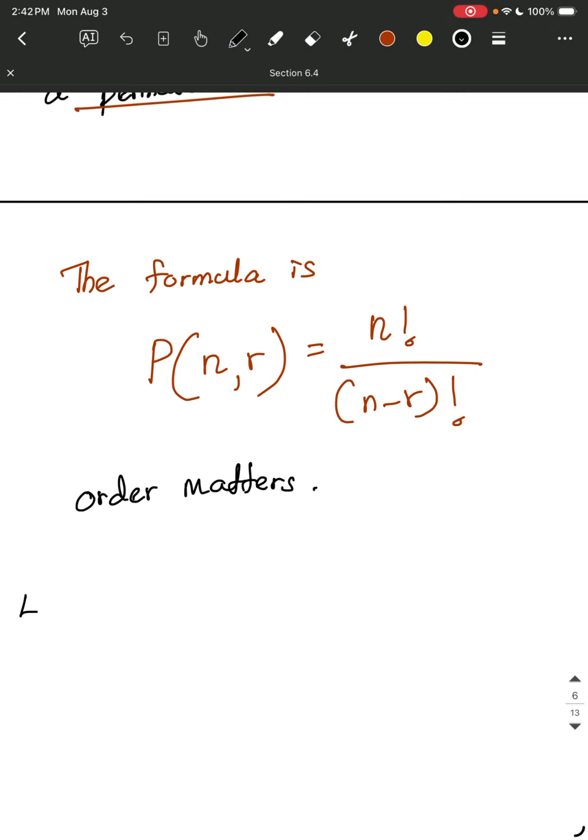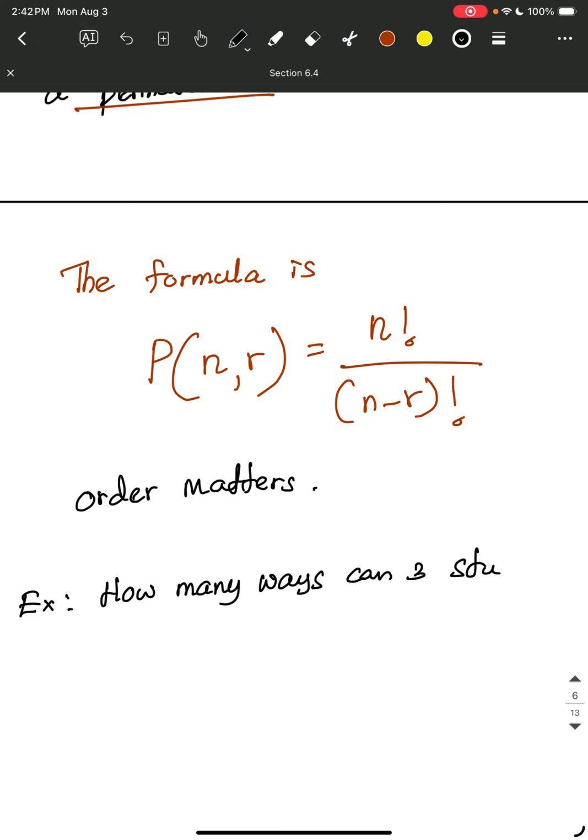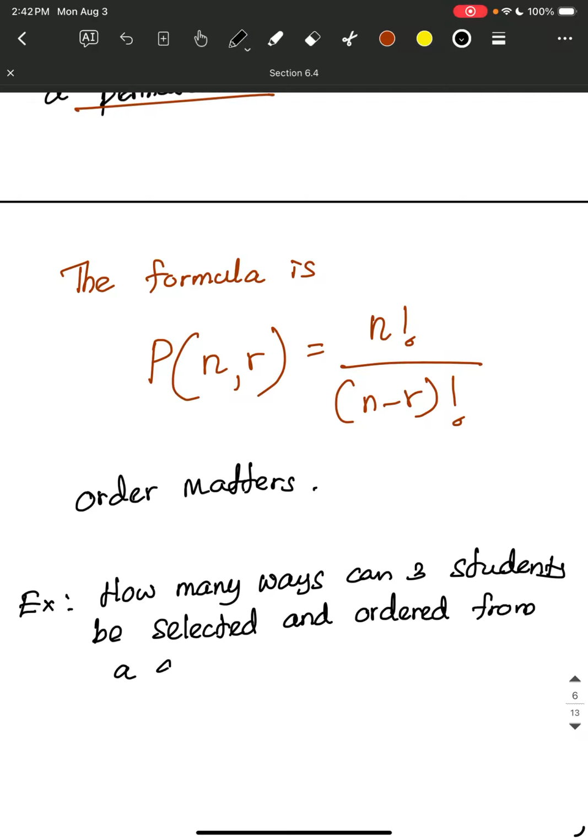Let's see an example. How many ways can 3 students be selected and ordered from a group of 5 students?